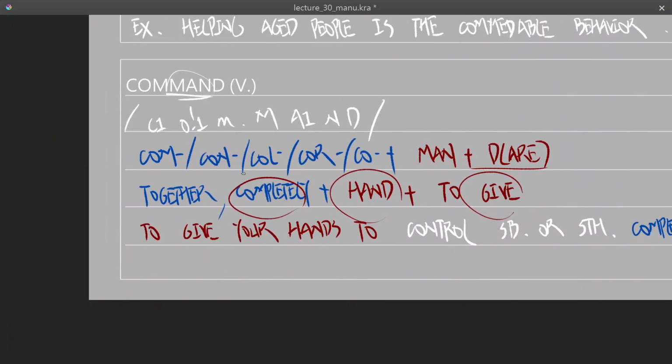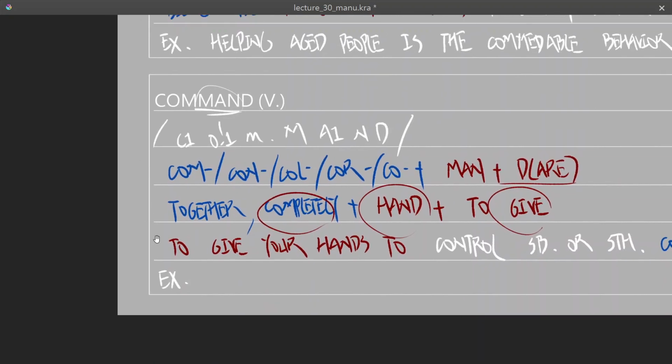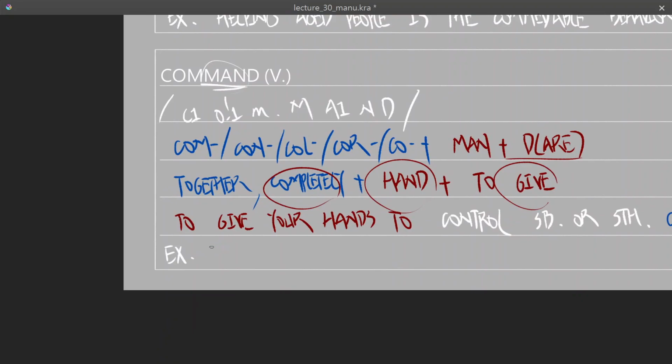So for example, we have, let's say, the captain.